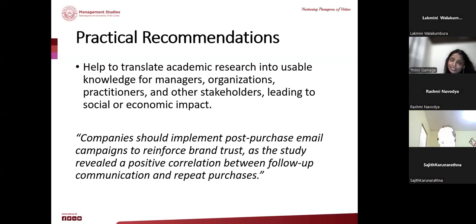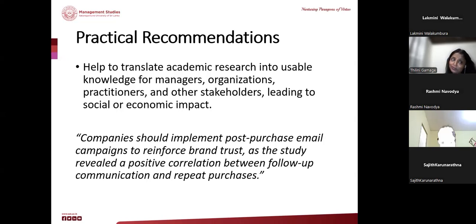But the issue is most of the things that they recommend for the industry practitioners, managers, or other stakeholders are based on their common understanding or the general understanding. That's not allowed. You need to offer actionable insights for the industry practitioners, the managers, and other stakeholders. But these insights should derive directly from your findings.